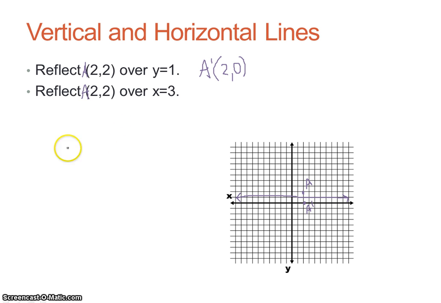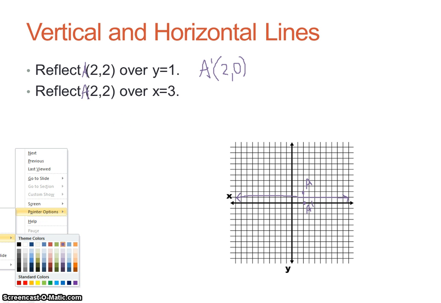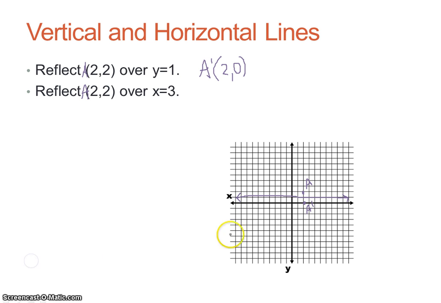Alright, so then, let's change the color. We're going to take our same point A, 2, 2, and reflect it over x equals 3. So let's go to x equals 3. We're going to draw a vertical line. Alright, and we're going to do the same thing. We're going to look at our distance from our pre-image A to our x equals 3 line.